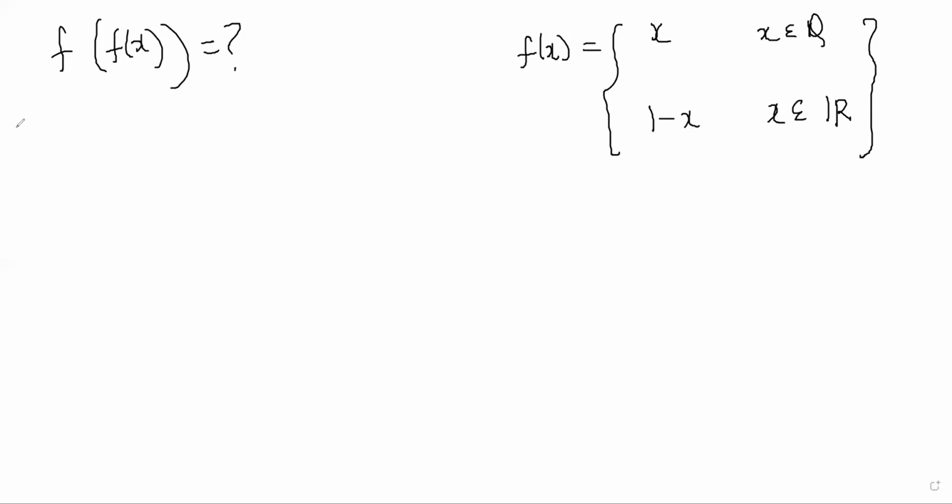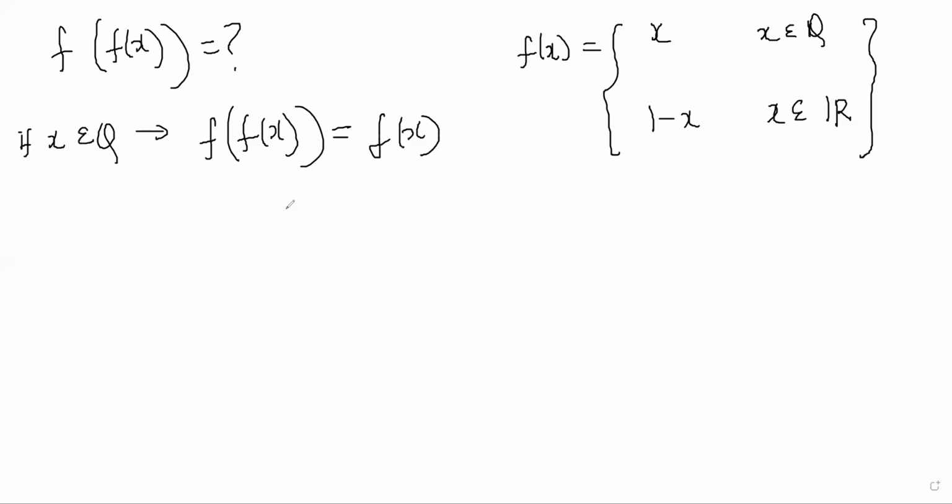Fine. So if x belongs to Q, if x is rational, f of x should be x, so it will be x only. If x does not belong to Q, it is irrational, then you will get f of 1 minus x.